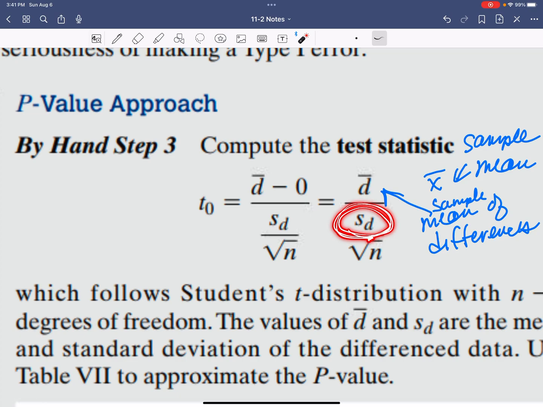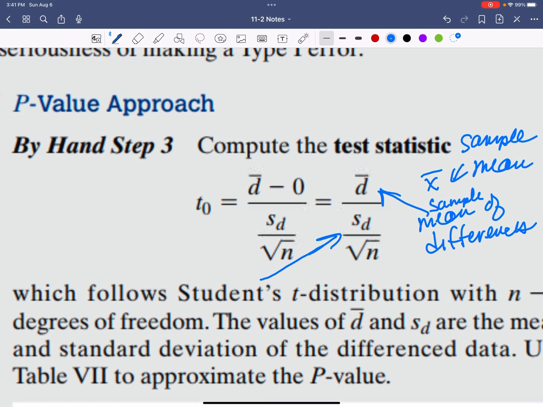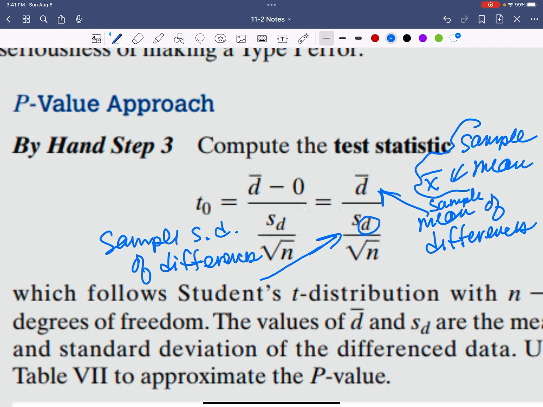The sample standard deviation of the differences. Do you see what's happening here? We're literally doing the same thing that we did before. This d is our sample standard deviation of the differences, and this was the sample mean.